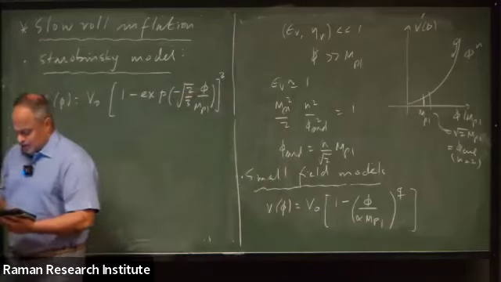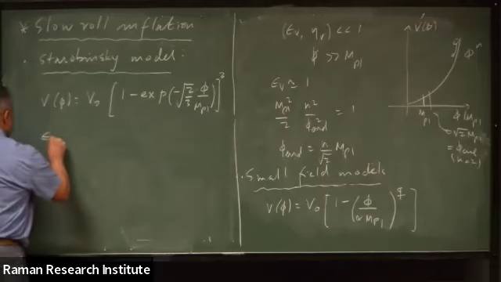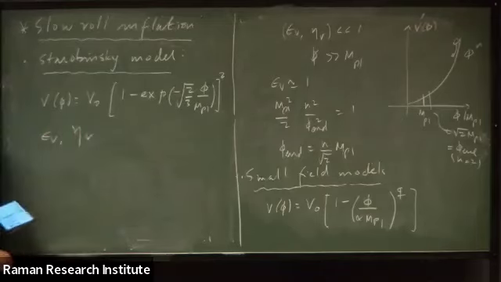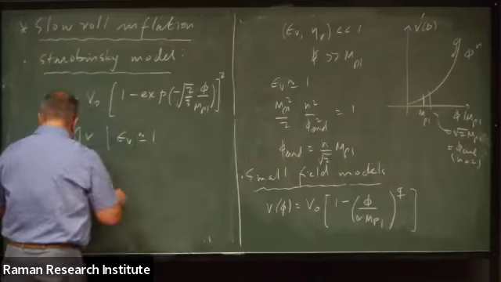All right. So what do we need to do? You need to do a lot of algebra. I would urge you to write a simple mathematical code which will calculate this for you. Calculate epsilon v, calculate eta v, and calculate where epsilon v equal to 1.